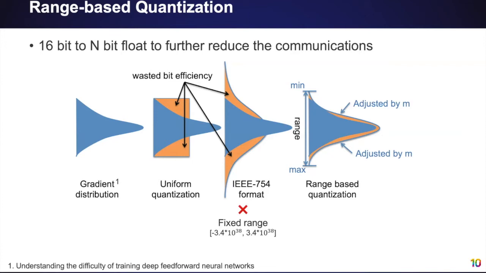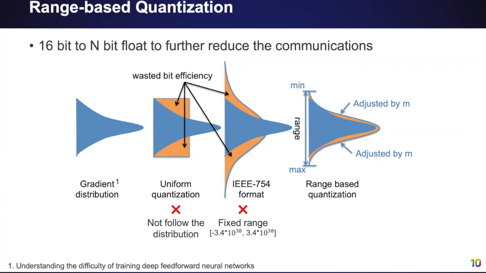If n is 8-bit, then there are only 255 numbers that can be used, and we do not want any number to be wasted. If we use uniform quantization, the range can be adjusted to fit the gradients. However, the data distribution does not match the distribution of the gradients.